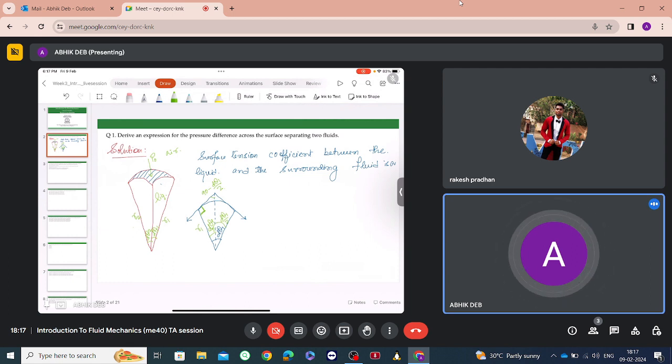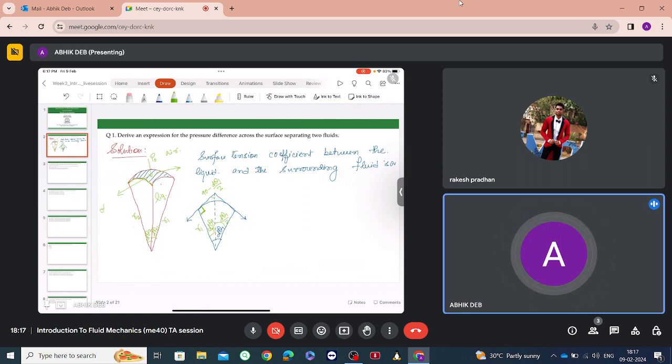The surface tension, from the top, is pulling the surface like a stretched membrane. So we draw the surface tension vectors here, something like this: sigma in this direction, acting on this length.